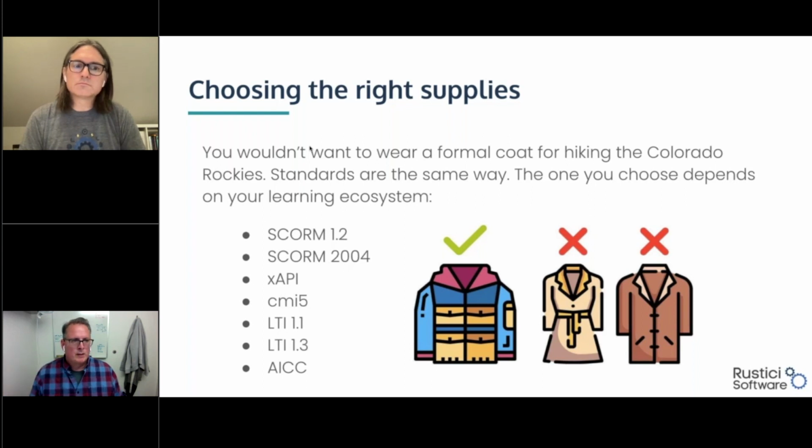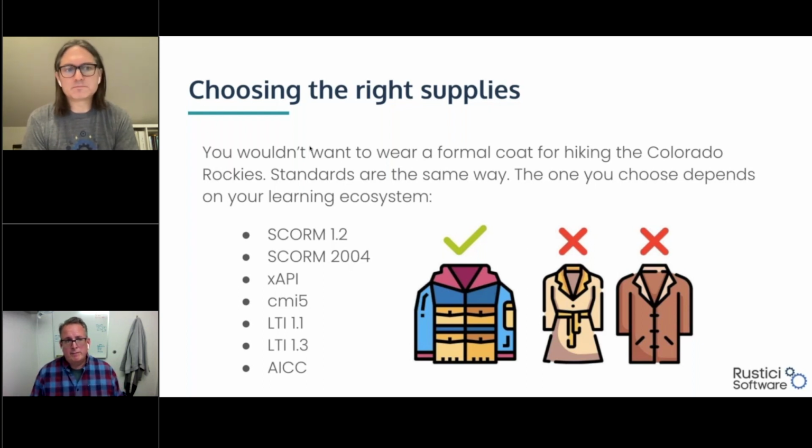Answer, because. xAPI can provide a really elegant way to deliver training outside of the LMS. So you put your content somewhere, point it directly at a learning record store, and you can deliver your content that way. xAPI can also be delivered via a Tin Can package in an LMS if the LMS supports it. cmi5 is a profile of xAPI that makes your xAPI course a little more at home in the learning management system, as it does have a packaging standard and some of the other features which xAPI did not have.